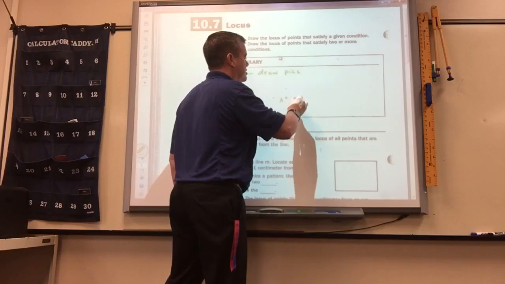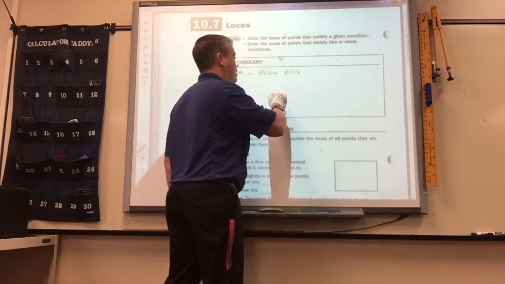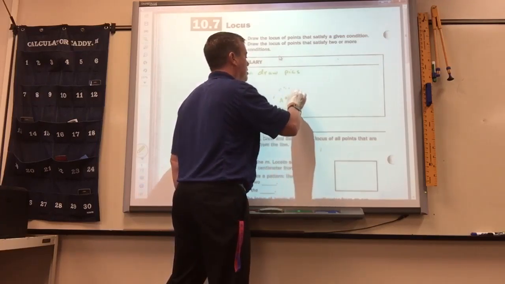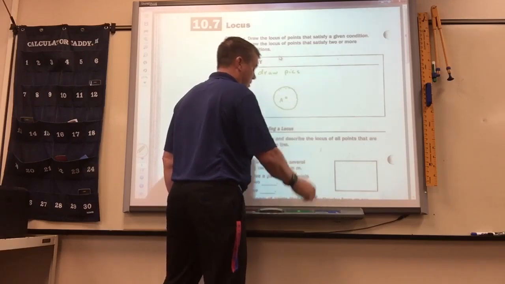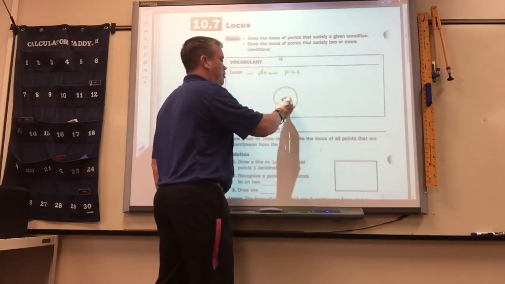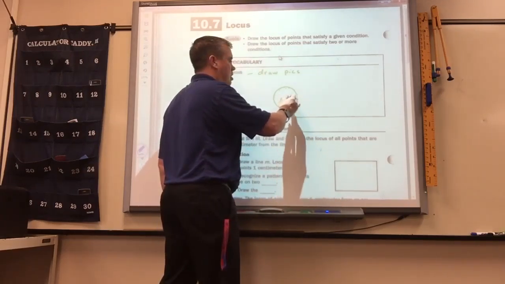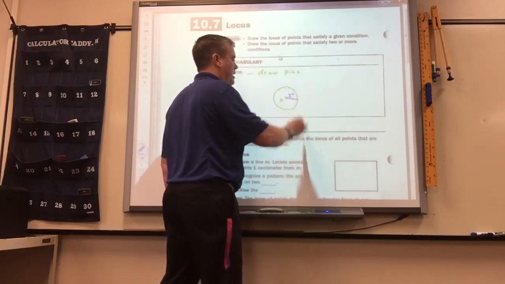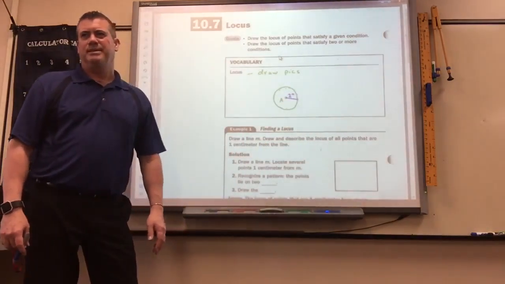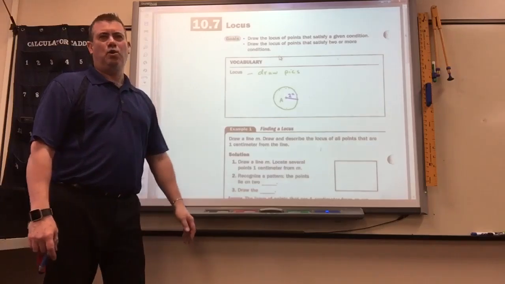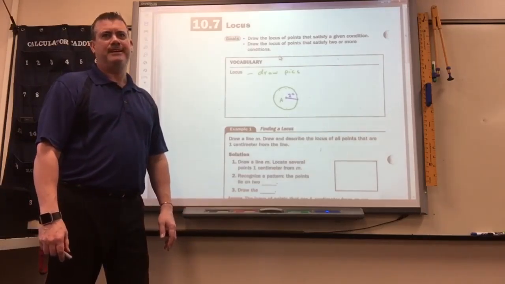These we're just going to sketch. So you keep going out 2 until it forms a circle. And then you got to label what it tells you. Since it was all the points 2 inches, you'd have to label that 2 inches. So that's just the definition. That's what a locus is. Okay?